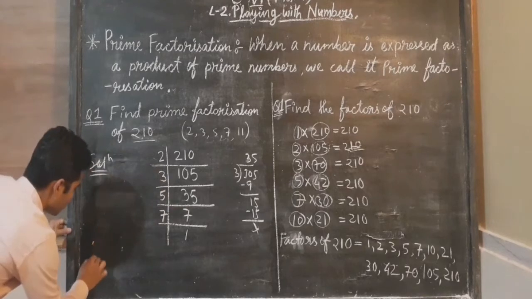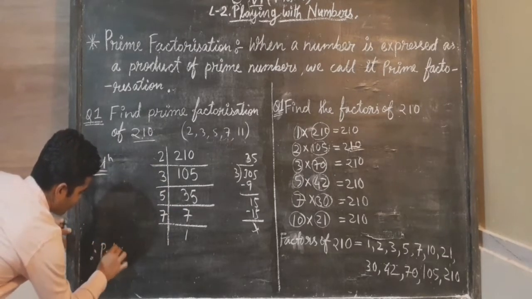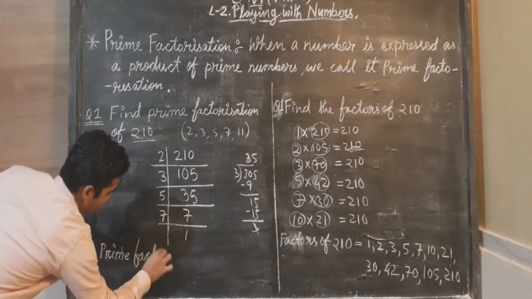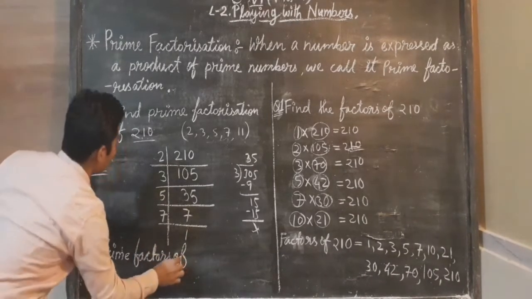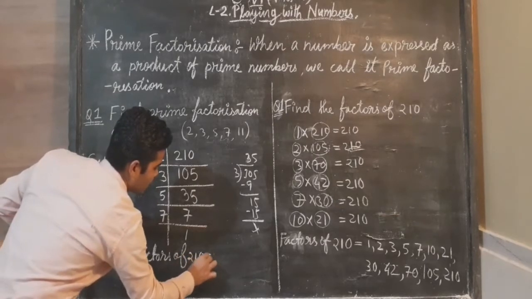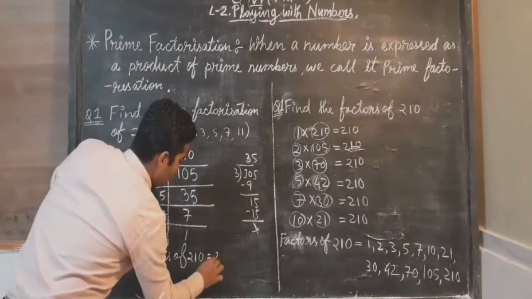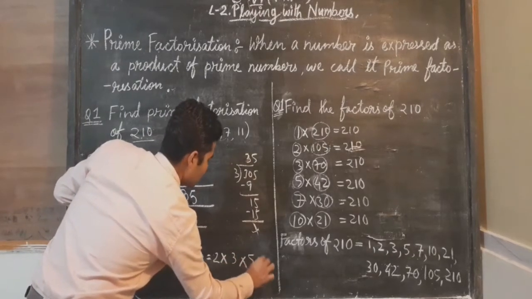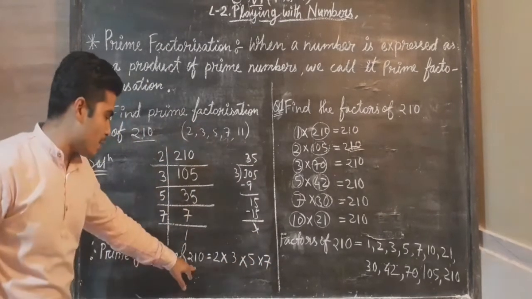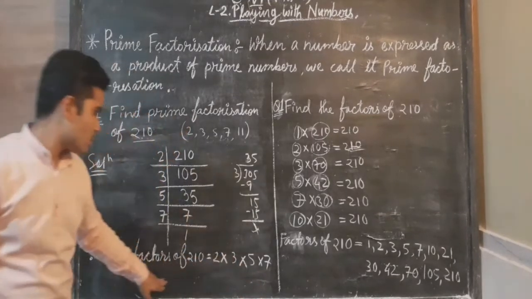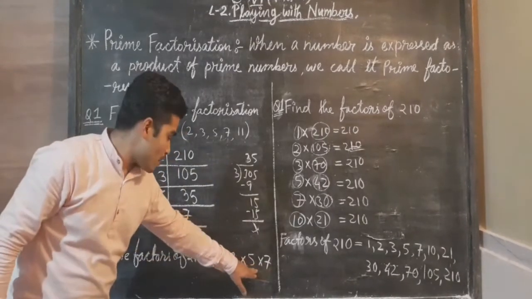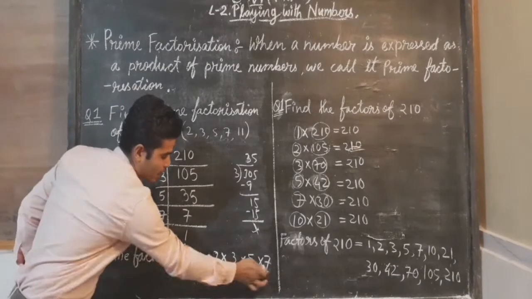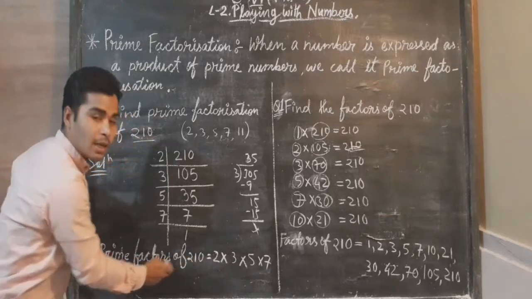Now we will write prime factors of 210 is equal to 2 into 3 into 5 into 7. So this number can be expressed as the product of prime numbers. You can see, if you will multiply all these factors together, then you will get 210.